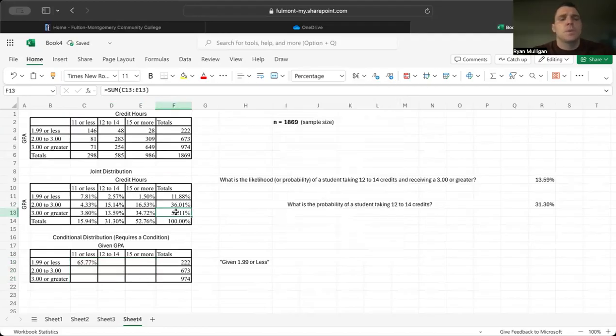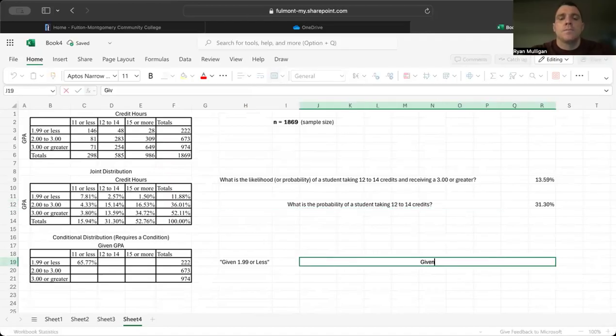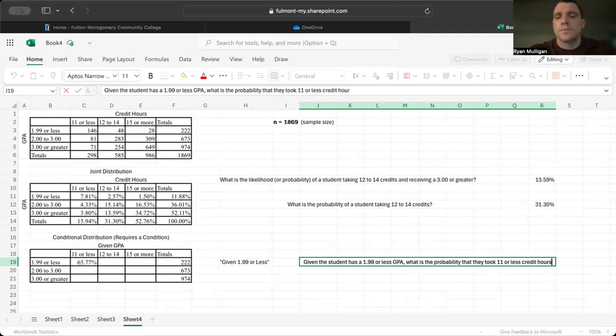There we go. What this would read as a question is, actually, let me just type this out. Given the student has a 1.99 or less GPA, what is the probability that they took 11 or less credit hours?